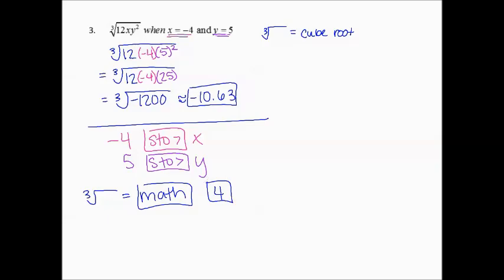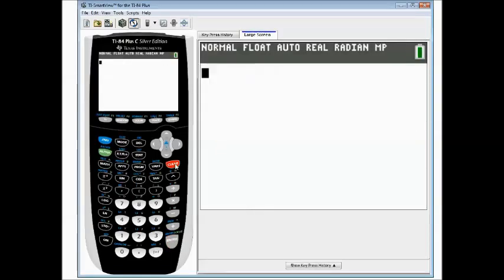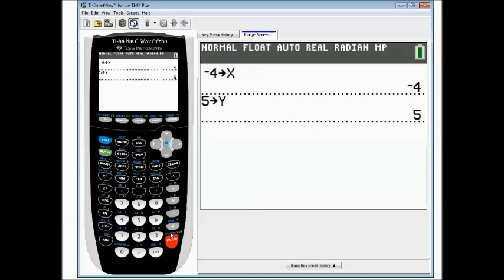Okay, so then I'm going to type it in. So I'm going to take -4 store as x, enter. 5 store alpha 1, that's my y, 5. And now I'm going to type in my expression.